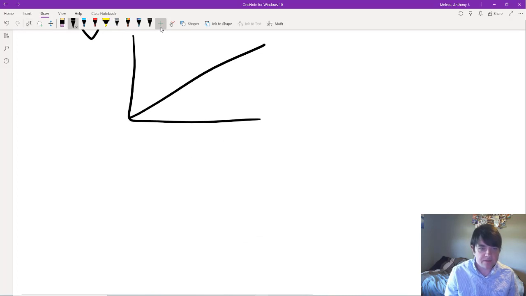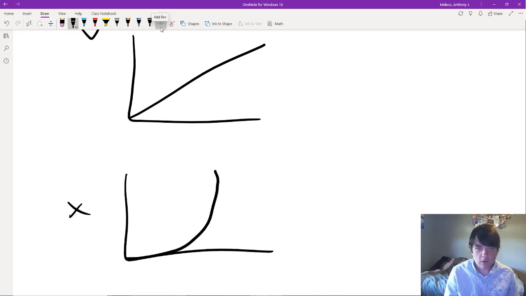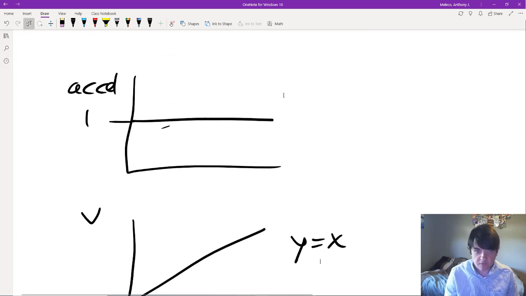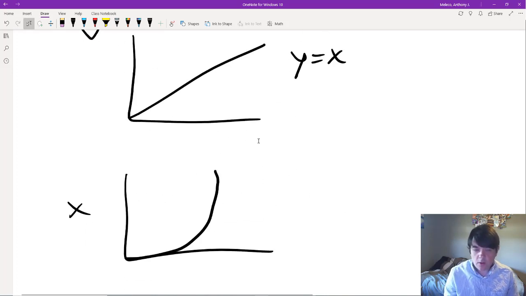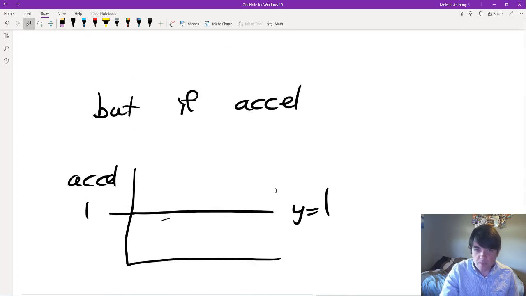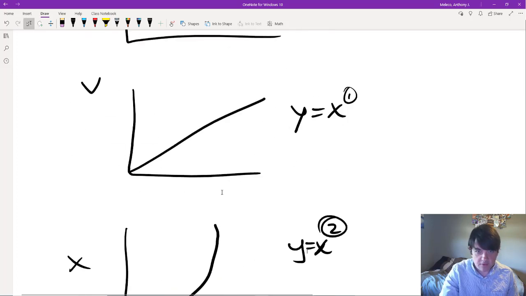And then position would look like this. So this is y equals x for the line, this is y equals just a value, it's the slope, and this is y equals x squared. If acceleration is just a constant value like this.